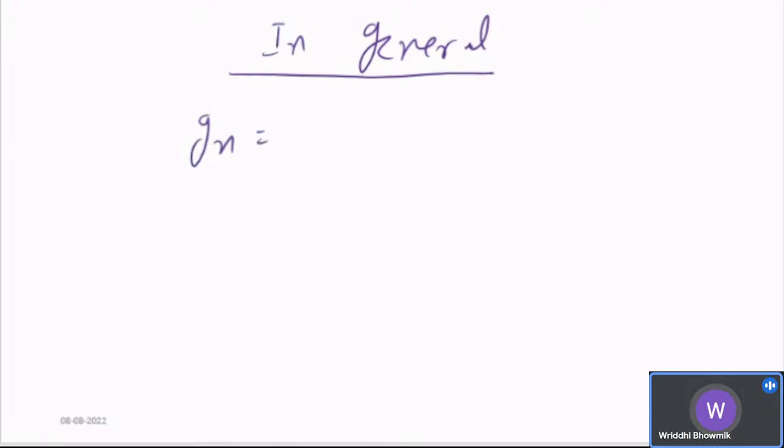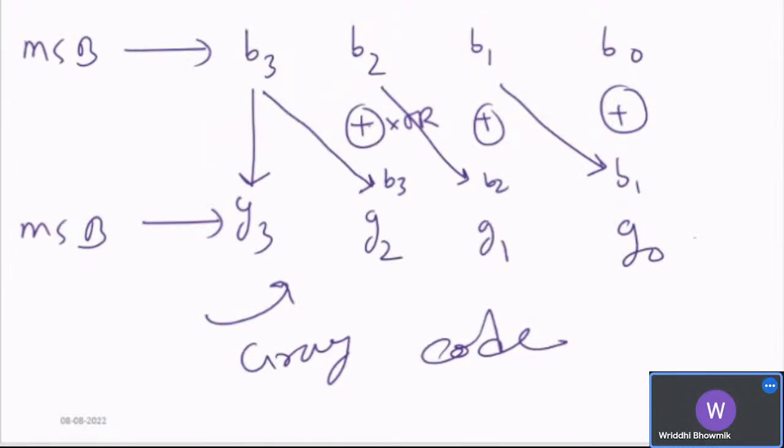So in general, we can write Gn is equal to Bn. This is for the MSB. Here I have taken four bits.